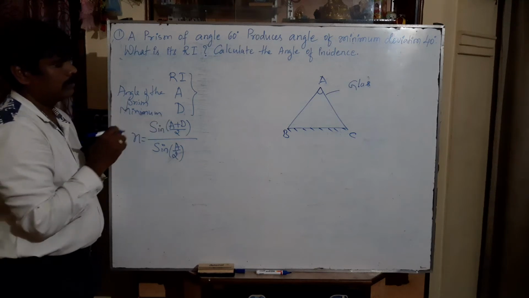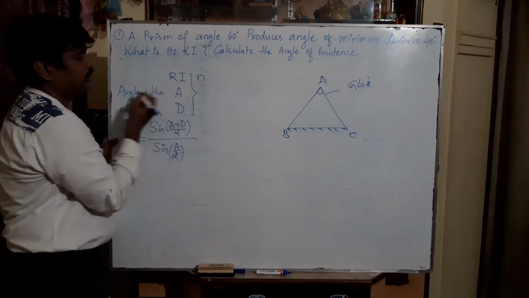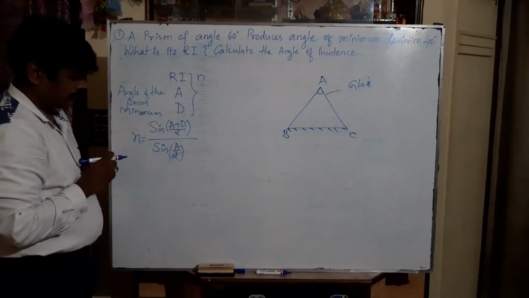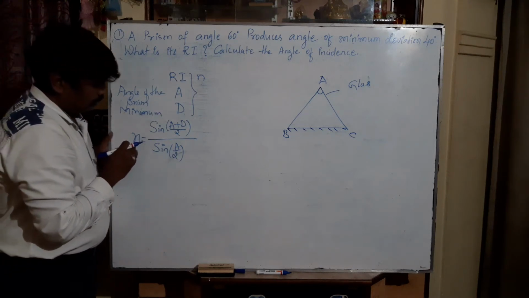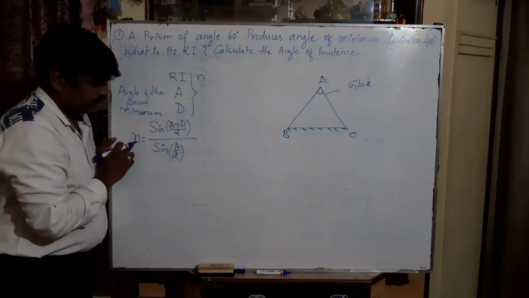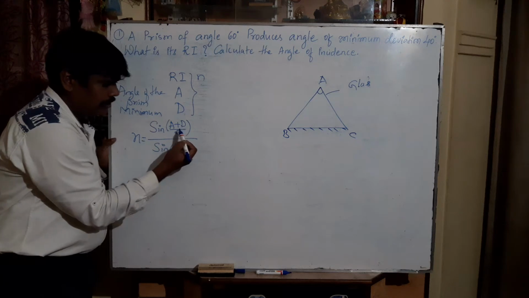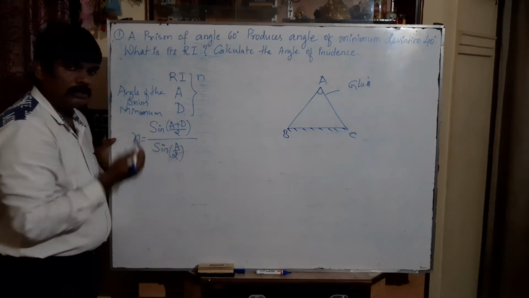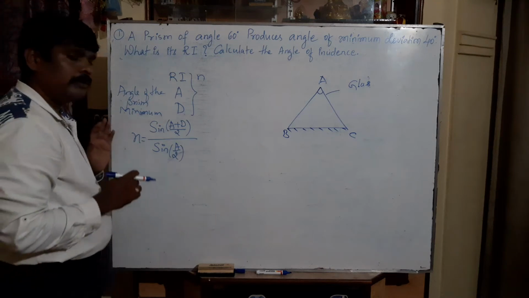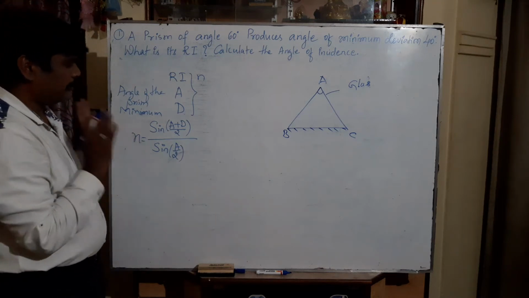And N is the refractive index, a constant related to the glass. Now in this problem you can observe three variables: the first is the refractive index, the second is the angle of minimum deviation, and the third is the angle of the prism. So in the numericals, with the help of this formula, there are three possibilities.